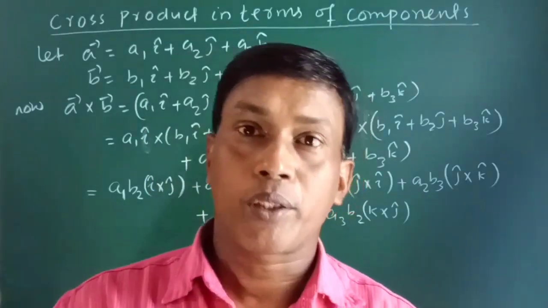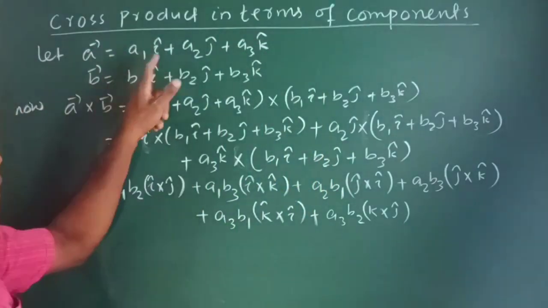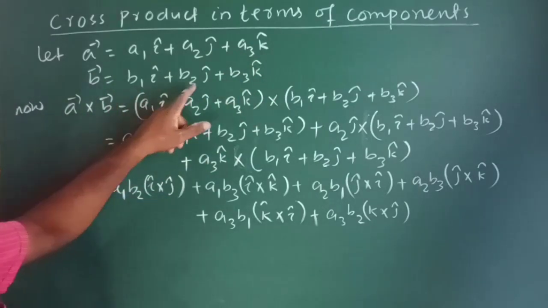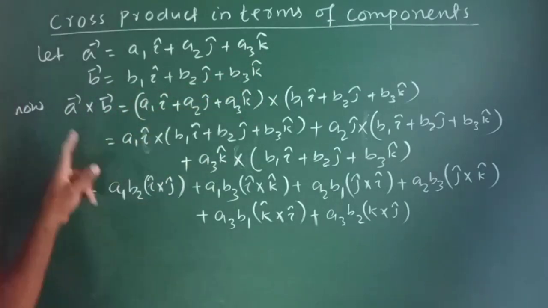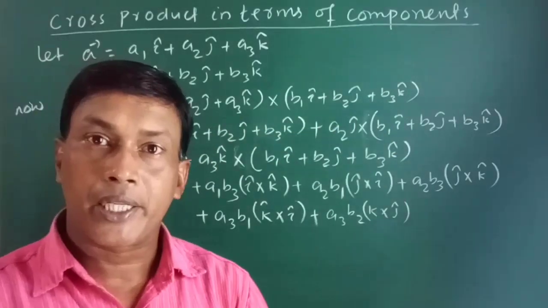Now the cross product of two vectors in the form of components. A vector is A1 i cap plus A2 j cap plus A3 k cap. B vector is B1 i cap plus B2 j cap plus B3 k cap. Now A cross B is A vector cross B vector. Apply distributive property.